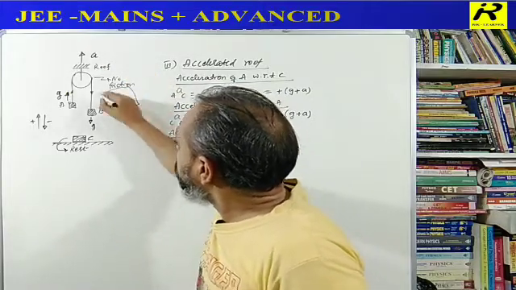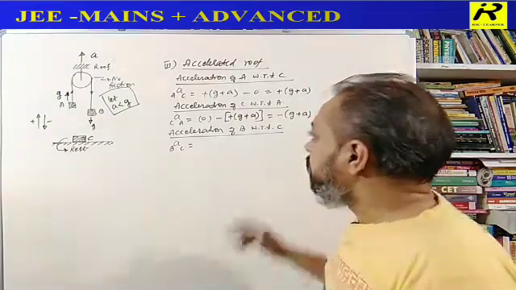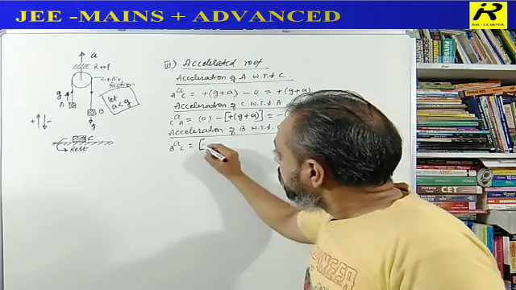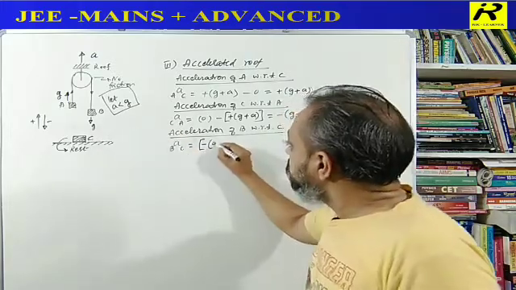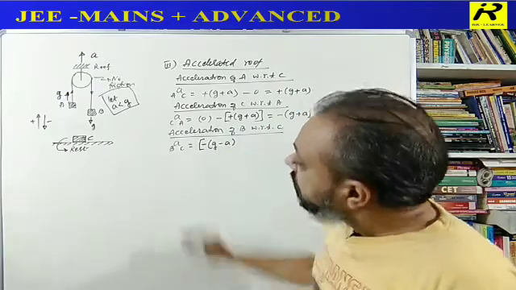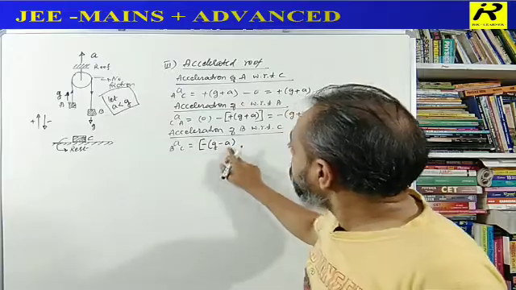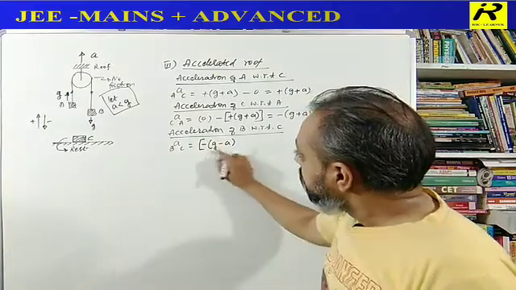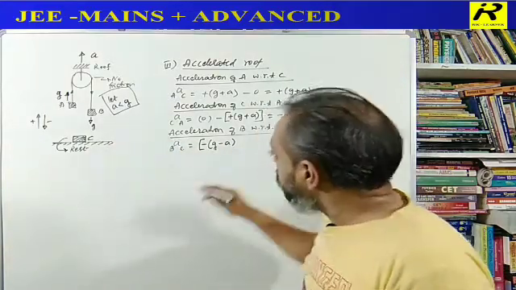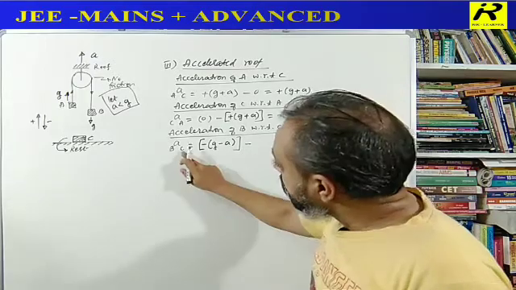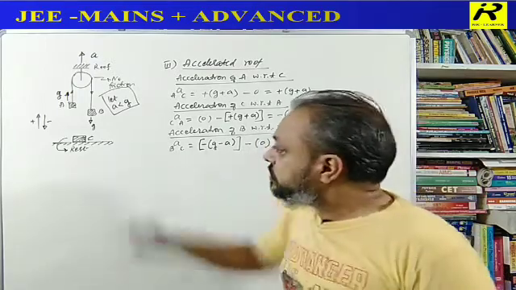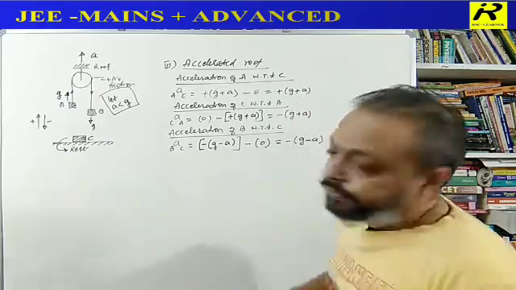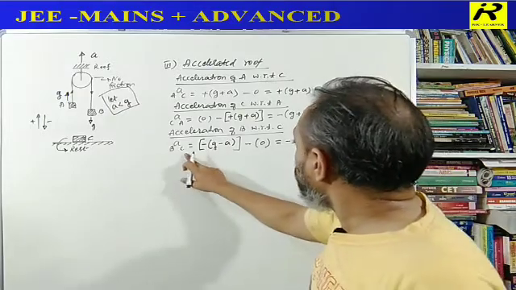Then the acceleration of B is g minus a. This much value is downward and this much is upward, so subtracted we get the net downward acceleration. This is the net acceleration of B with respect to ground, minus the acceleration of C, which is 0, at rest. So I can simply write minus g minus a. This is the acceleration of B with respect to C.